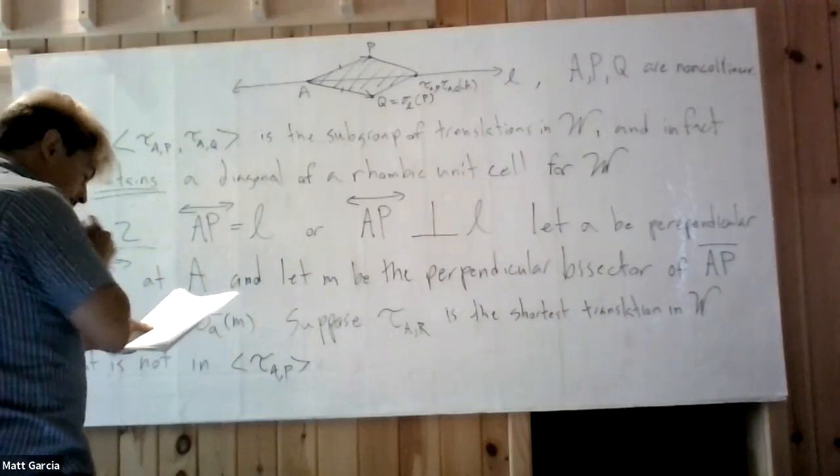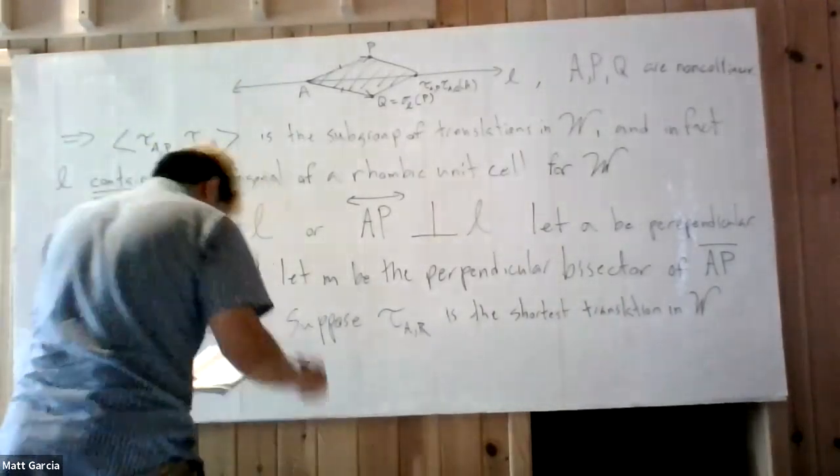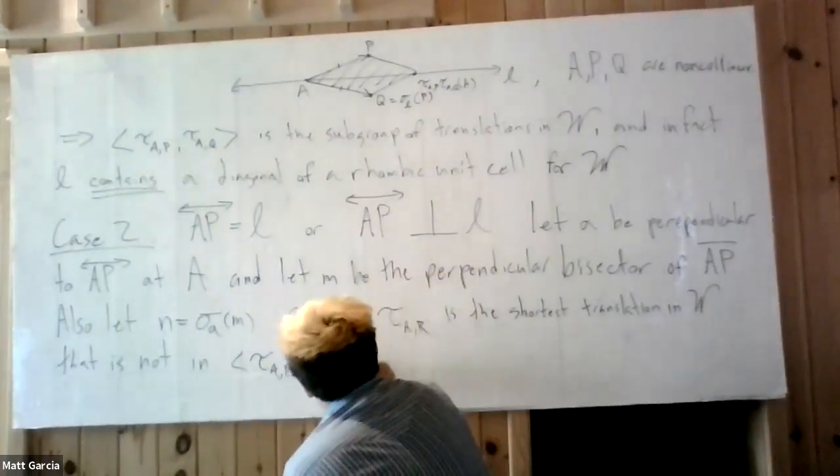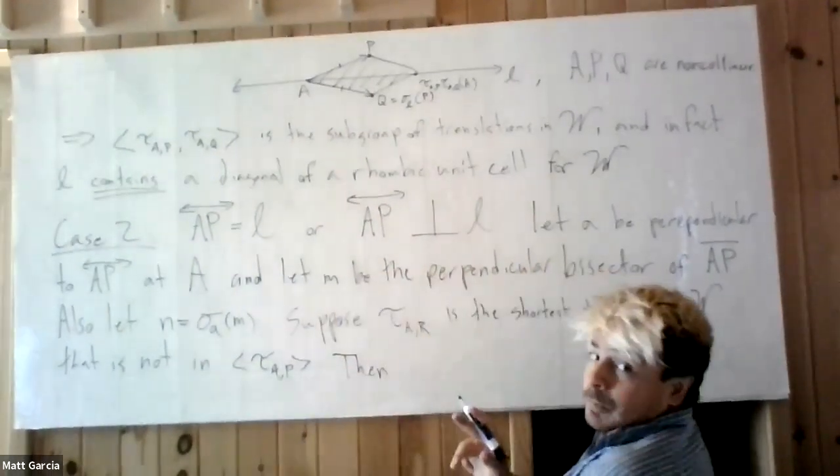So let me make a claim. Then there are three possibilities.